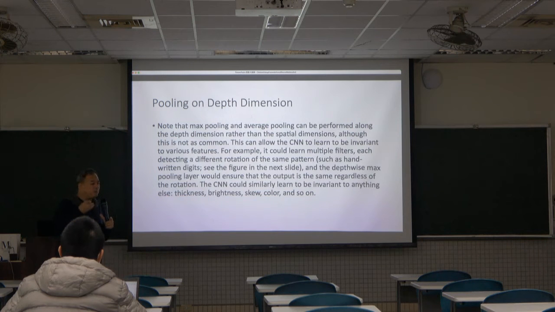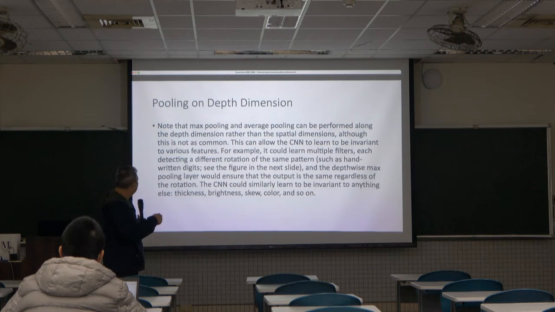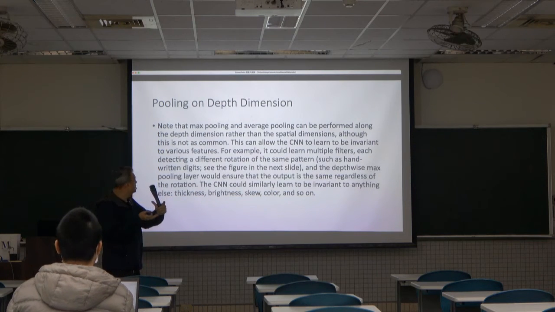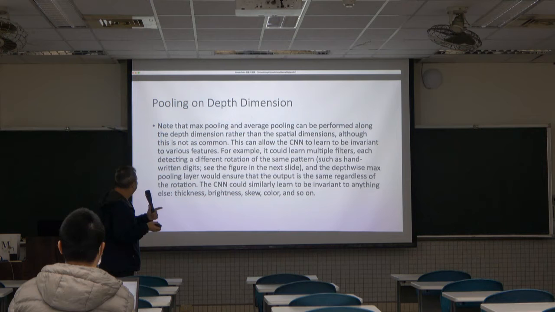And each feature map represents one particular feature. The pooling can also be done on the depth dimension. When I say depth dimension, I mean over different layers of the feature maps.